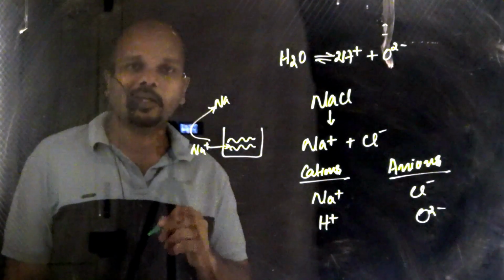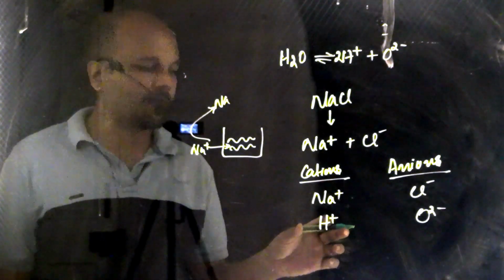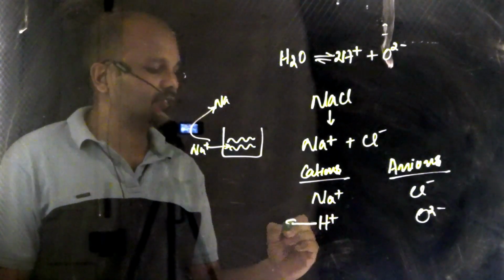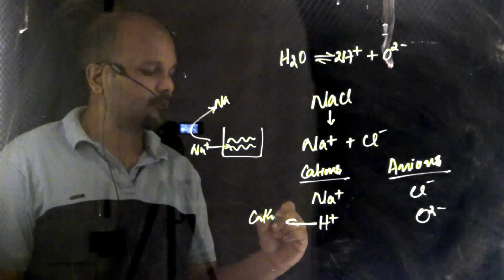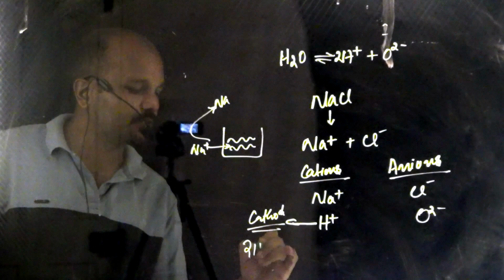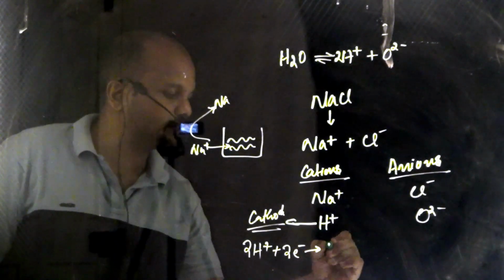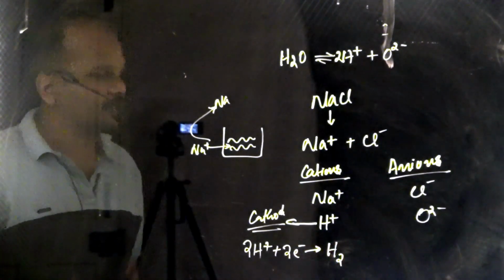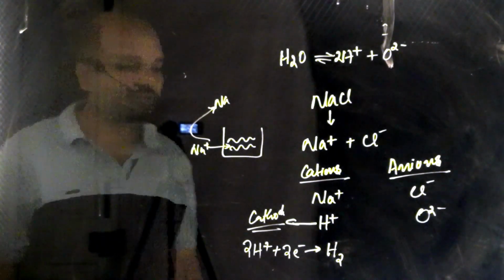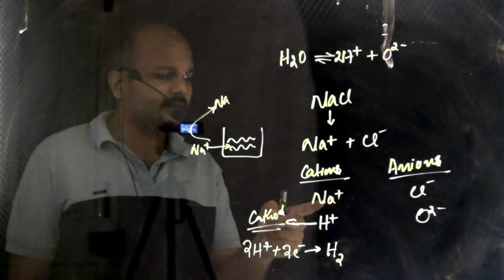On the other hand, it is very easy to reduce H+ ions, so H+ is going to go to the cathode and take electrons, 2H+ plus 2 electrons giving H2.